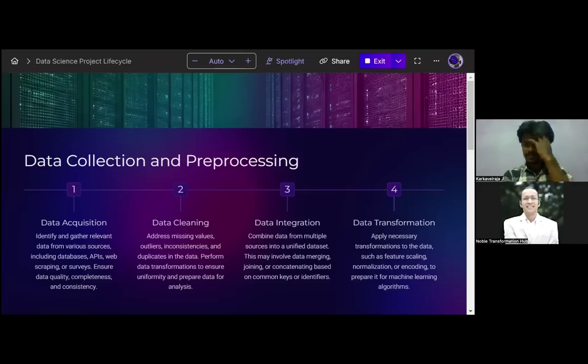Then you have to acquire the data, clean the data with these methods, and then do data integration. You have to combine data from multiple sources into a unified data set. This may involve data merging, joining, concatenating based on the common keys and identifiers.